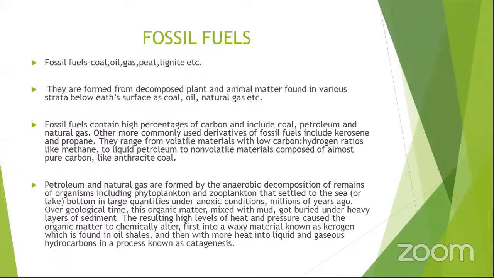Kerogen is the first material formed out of this dead and decayed matter. After this, kerogen under further heat and pressure gets converted into the liquid form known as crude oil.